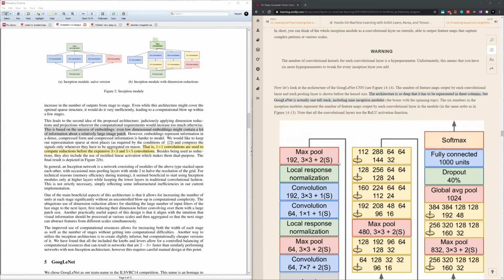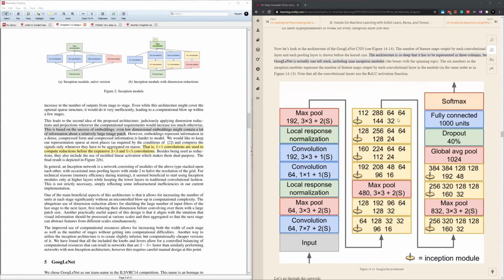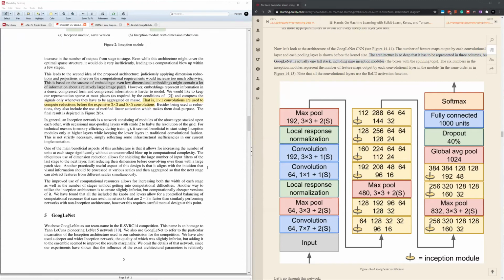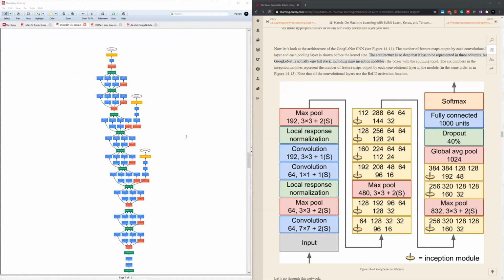Now let's look at the architecture of this CNN, with the number of feature maps and the kernel sizes. Should I go step by step? There is an interesting figure in this paper where they have used this.